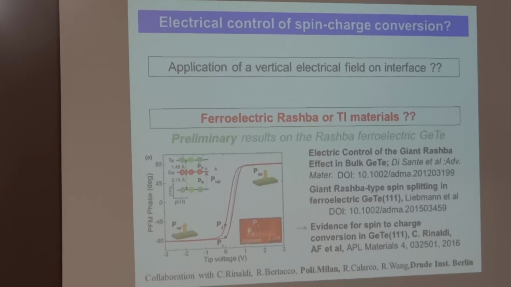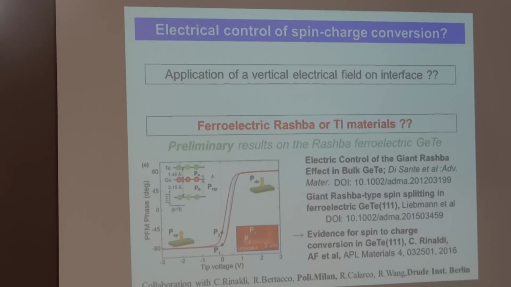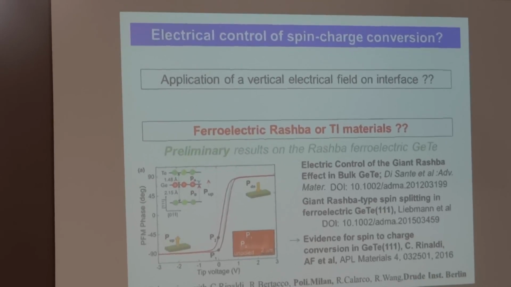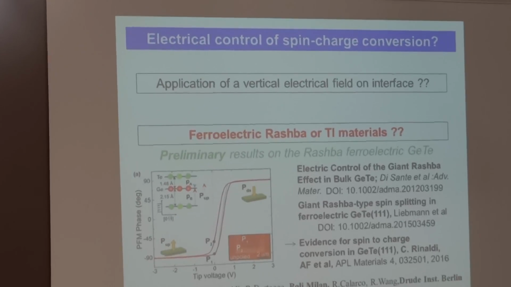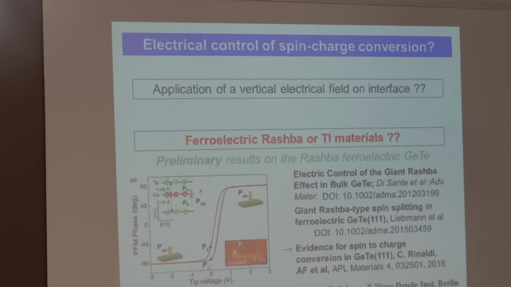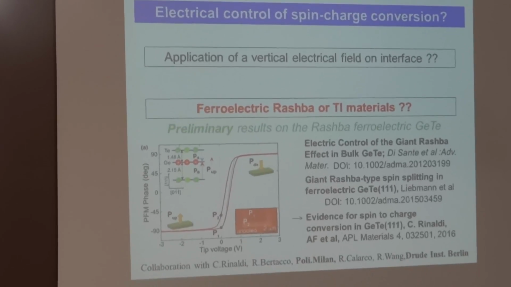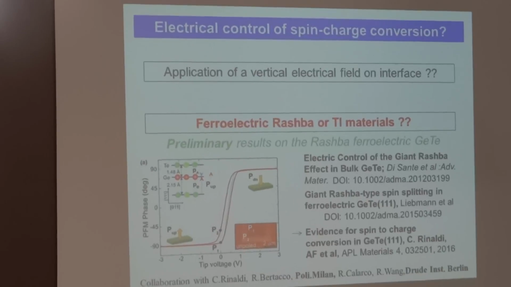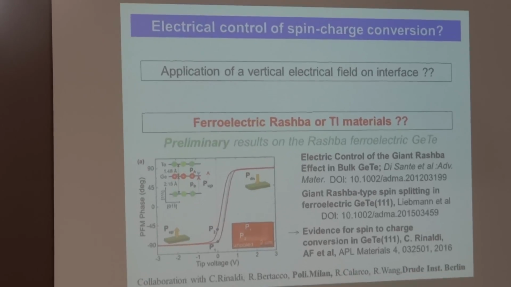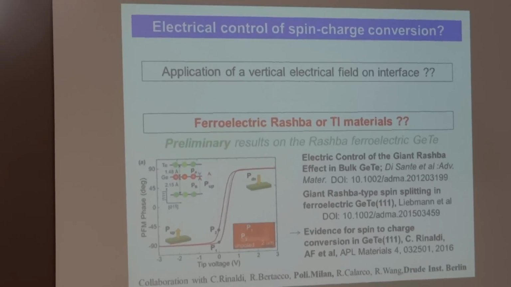As I have said, topological insulators could be very efficient for this conversion effect, for the creation of spin currents or detection of spin currents. And of course, the best would be if it can also be tuned by, for example, an electrical voltage.